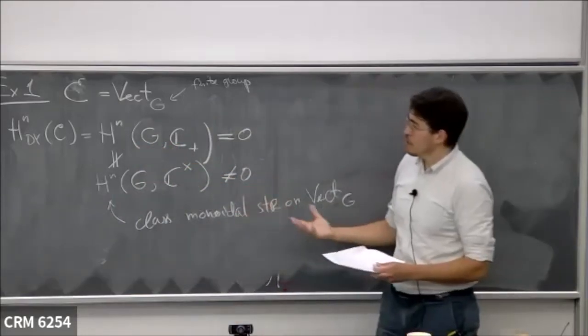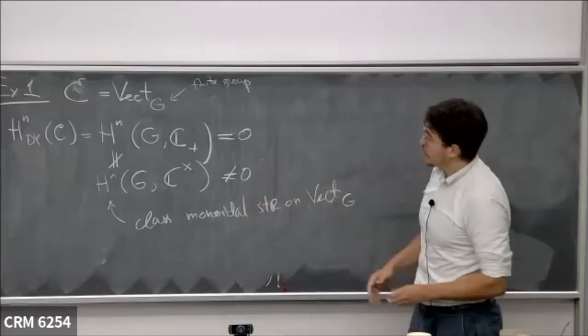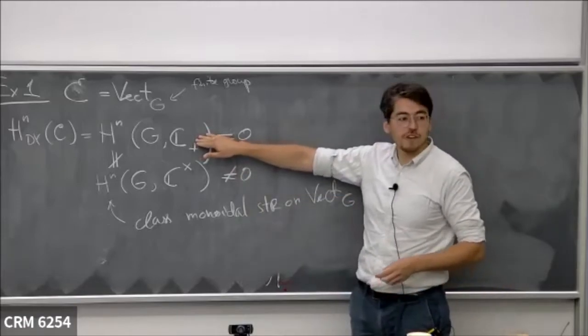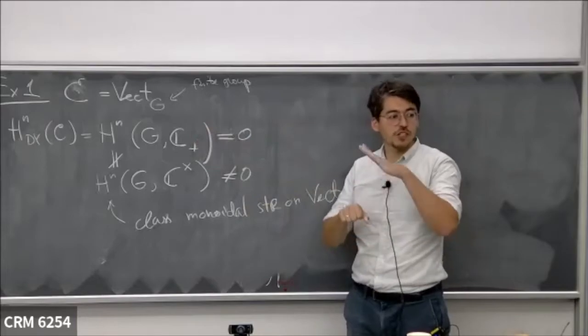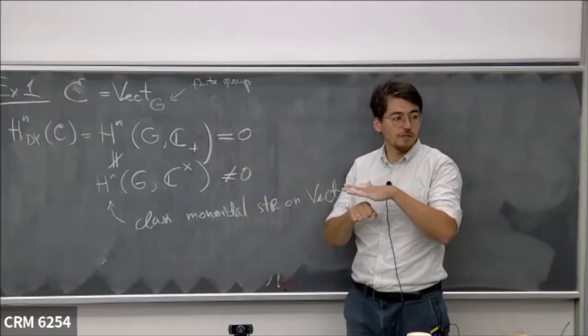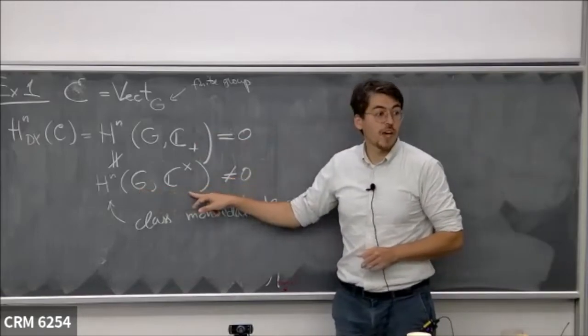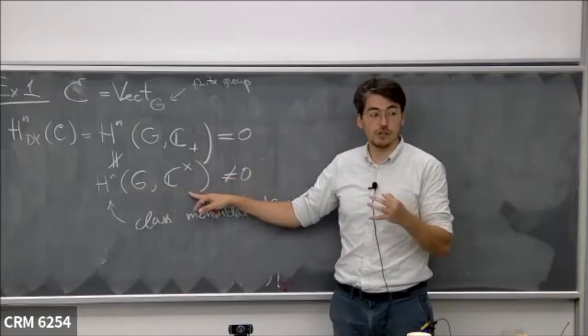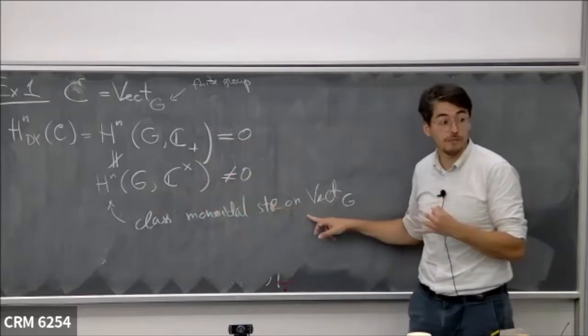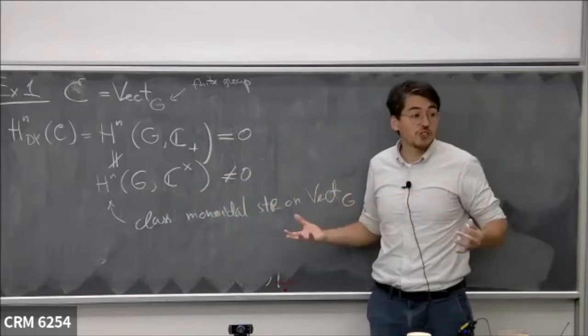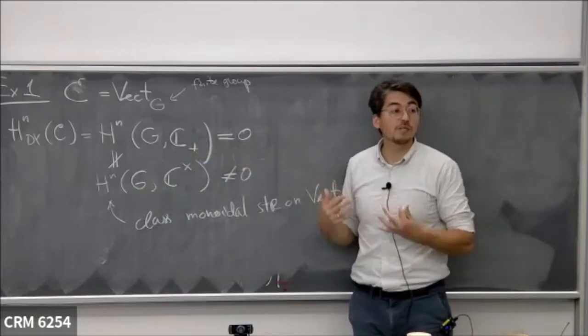So why is it so? Because here we are interested in infinitesimal deformations. If you want, we look at the tangent space to the variety of all possible deformations. And for a finite group, this group is finite. So we have only finitely many monoidal structures on this category, and the tangent space is trivial. So we have no infinitesimal deformations.